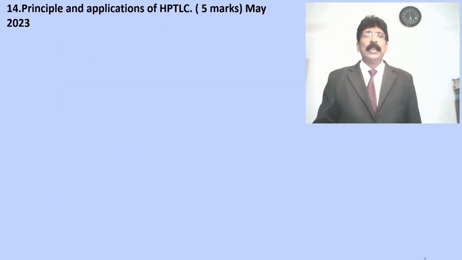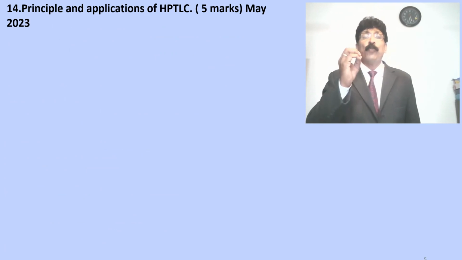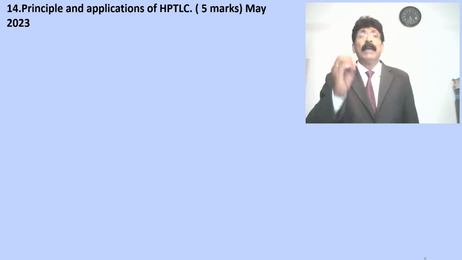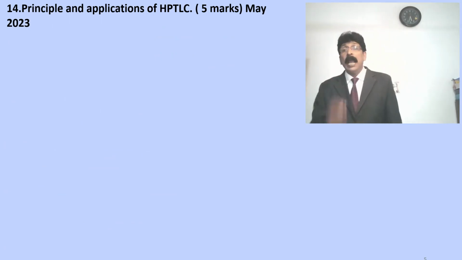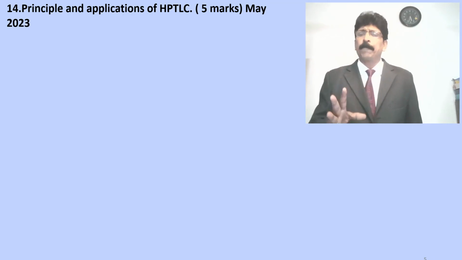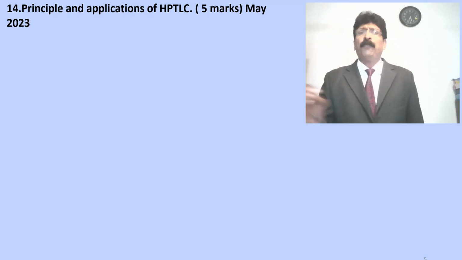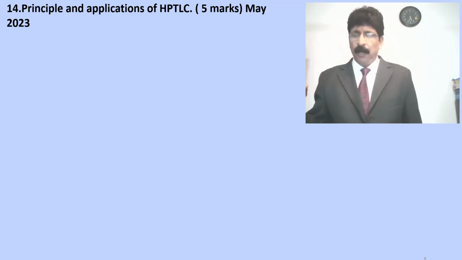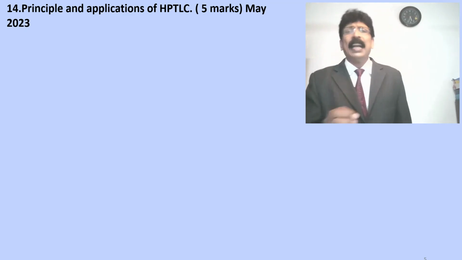That is the 14th question in May 2023. They have asked the principle and application of high performance thin layer chromatography. It's an important technique. Most pharmaceutical industries now depend on HPTLC for various assays, content variations and content identification.